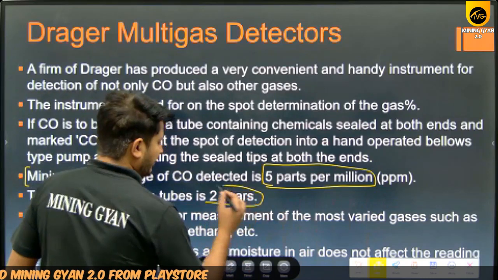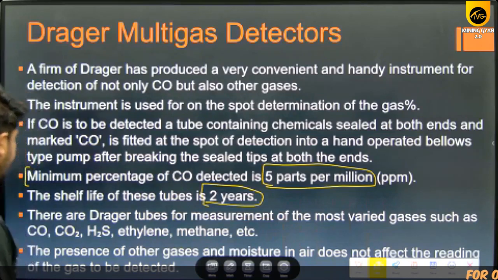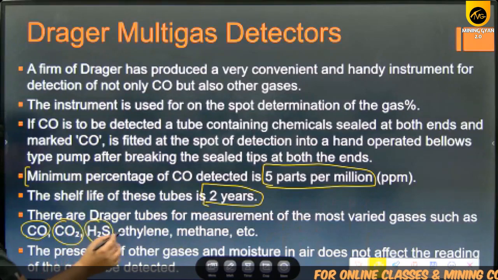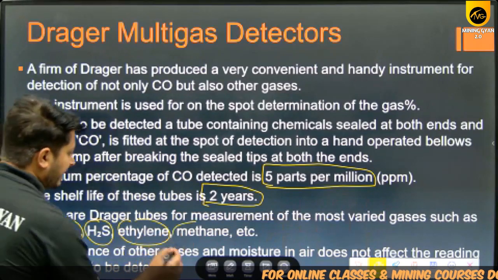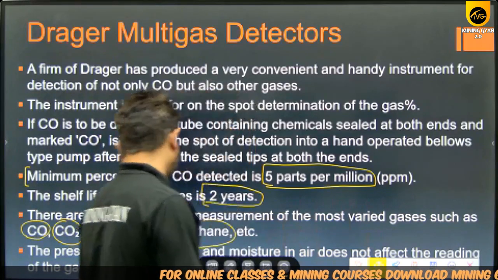You can keep these tubes for approximately 2 years. After that they will expire. Okay, the Drager tubes. Which gases are detected by the Drager multi-gas detector? It detects carbon monoxide, carbon dioxide, hydrogen sulfide, ethylene, methane, and many more gases.